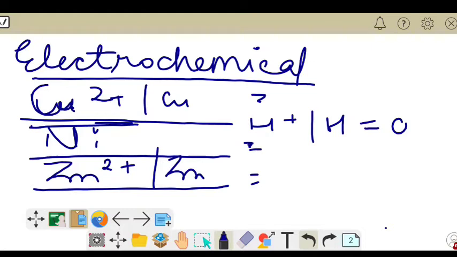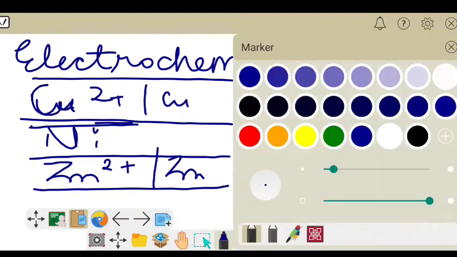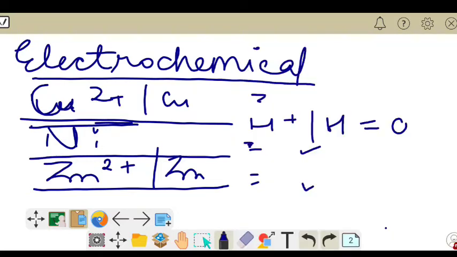Can you tell me whether nickel and Zn2+ will have negative or positive values? This will have a negative value, no? You already know what this was, minus 0.76, isn't it? And for copper it was positive 0.34.